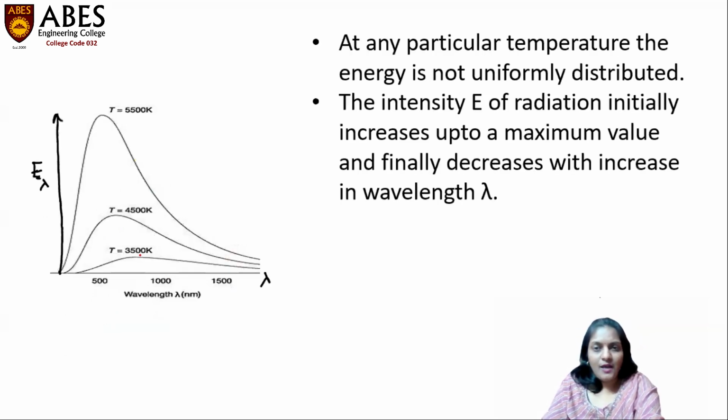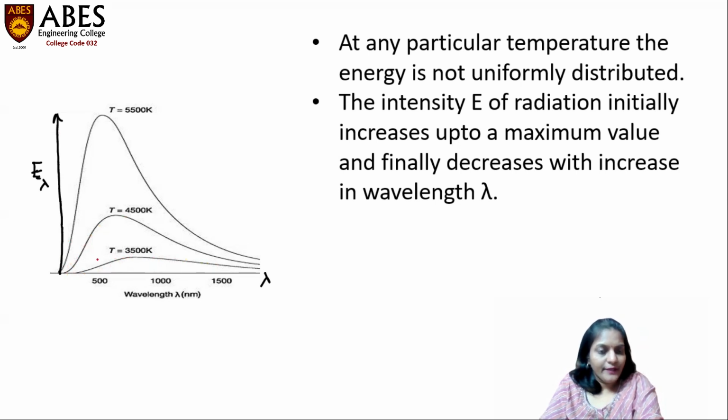These observations are: at any particular temperature, the energy is not uniformly distributed. What does that mean? That the intensity E of radiation initially increases up to a maximum value and finally decreases with increase in wavelength. It is shown at all the temperatures.